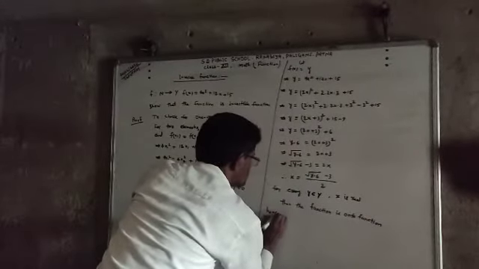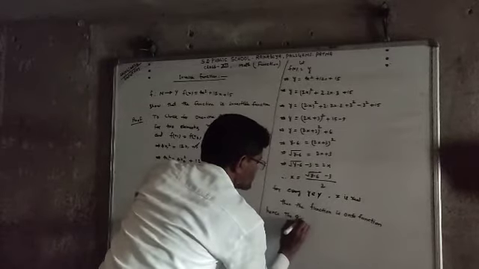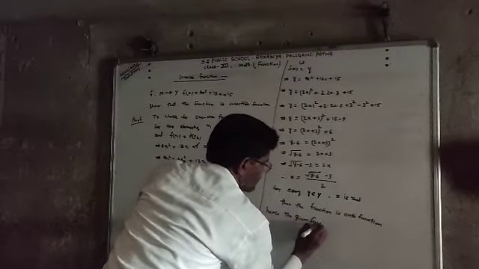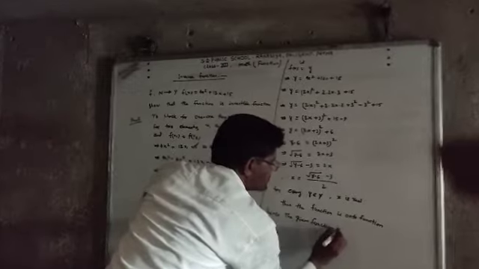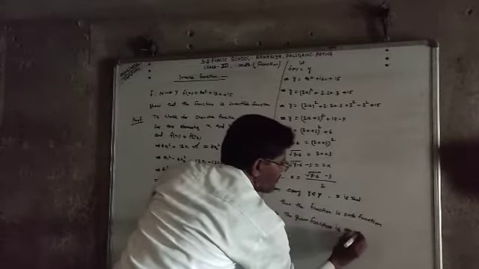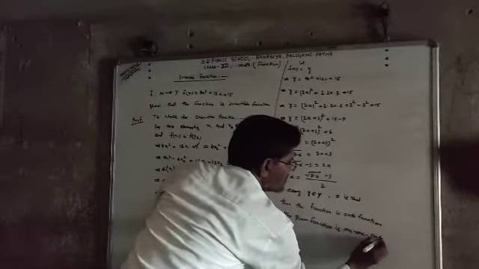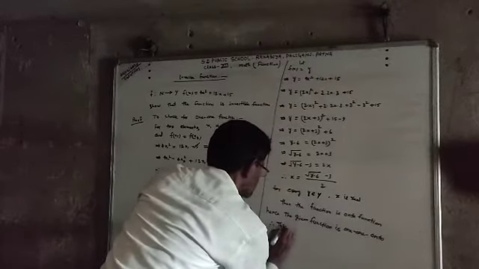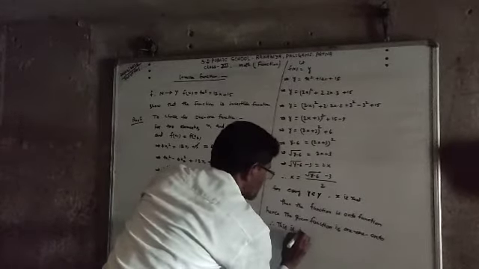Hence, the given function is one-one and onto. Therefore, this is an invertible function.